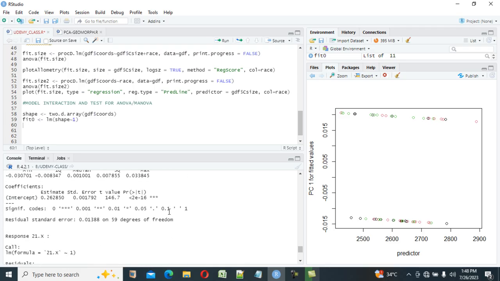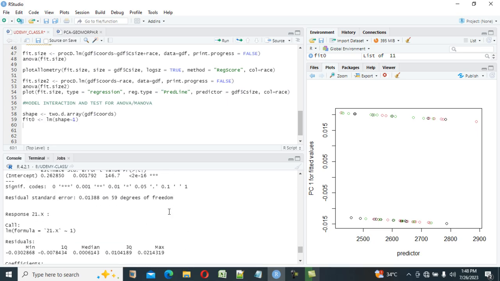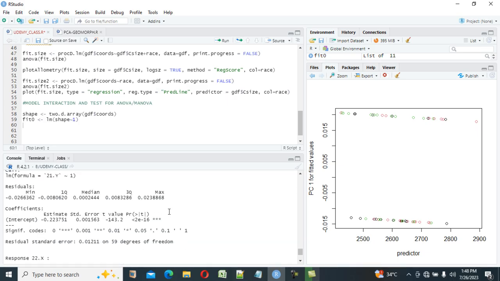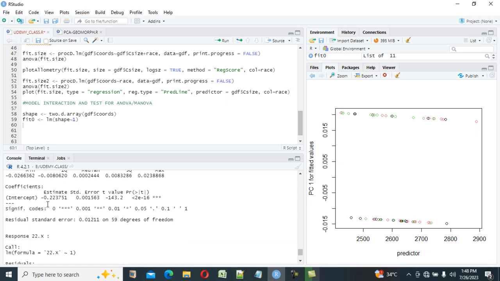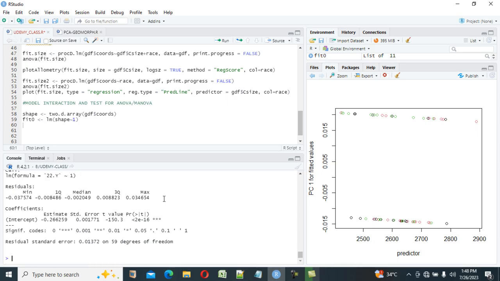It's giving us a form of shape now. Different error, yes, it is the intercept now. Okay, significant intercept, but that is not where we're going. I just use that to test our residual error. Residual standard error is also 0.013 on 59 degrees of freedom. So this is giving us a complete report now on the intercept.